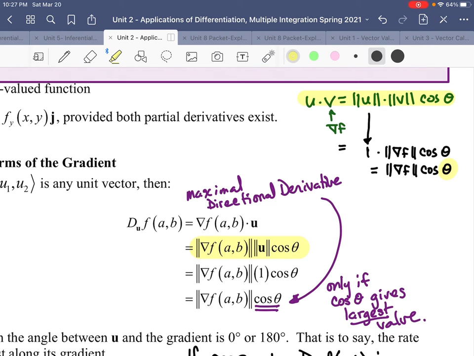All right. So the one thing that we talked about is that since the maximum value for cosine is equal to 1, any theta value that would allow cosine to be equal to 1 is going to give us the maximum gradient vector magnitude, which in turn is going to be the gradient.